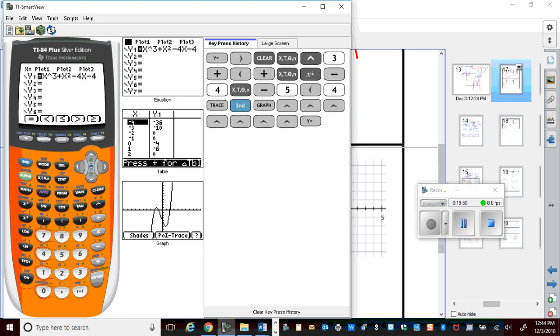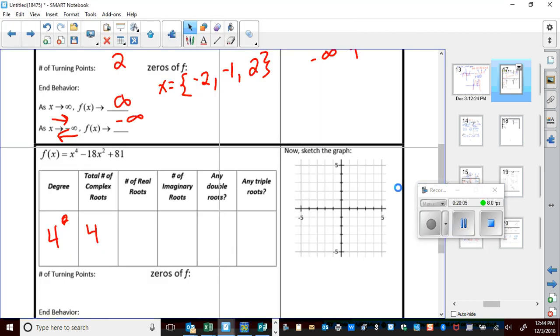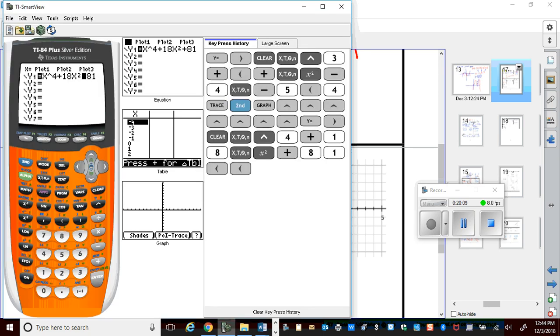So y equals, clear, x to the 4th minus 18x squared plus 81. Let's make sure my signs are correct. So I have minus 18x squared, not plus. Minus, right?